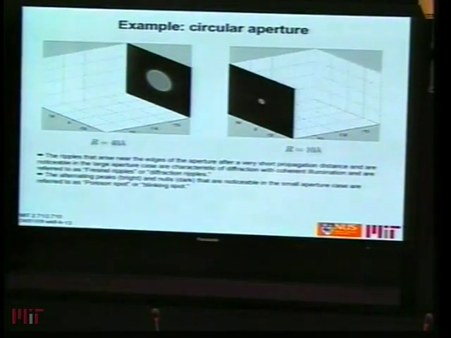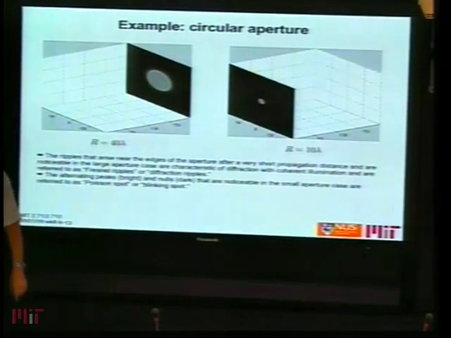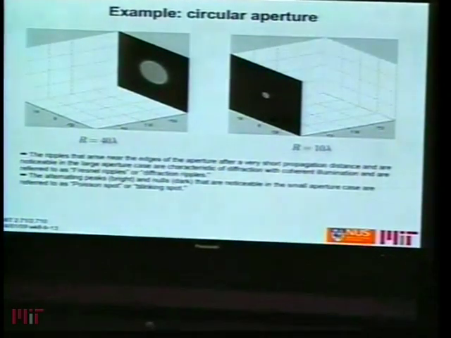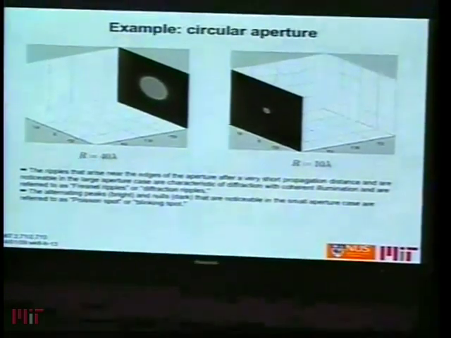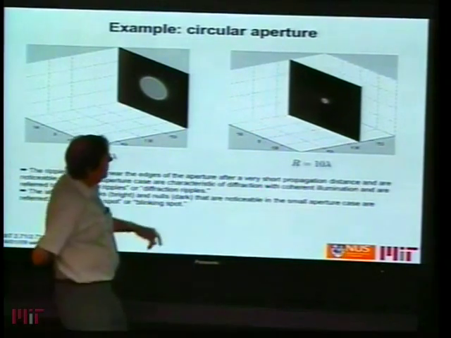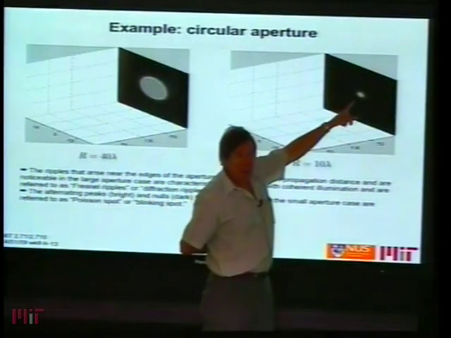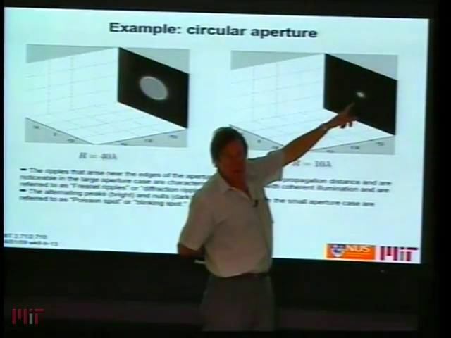If you look very closely, you'll see quite a lot of fine structure on this. And then the small one, this is 10 wavelengths. This one changes a lot quicker. You see it's doing quite drastic things. And by the time it gets to the end, you've even got a black spot in the center.